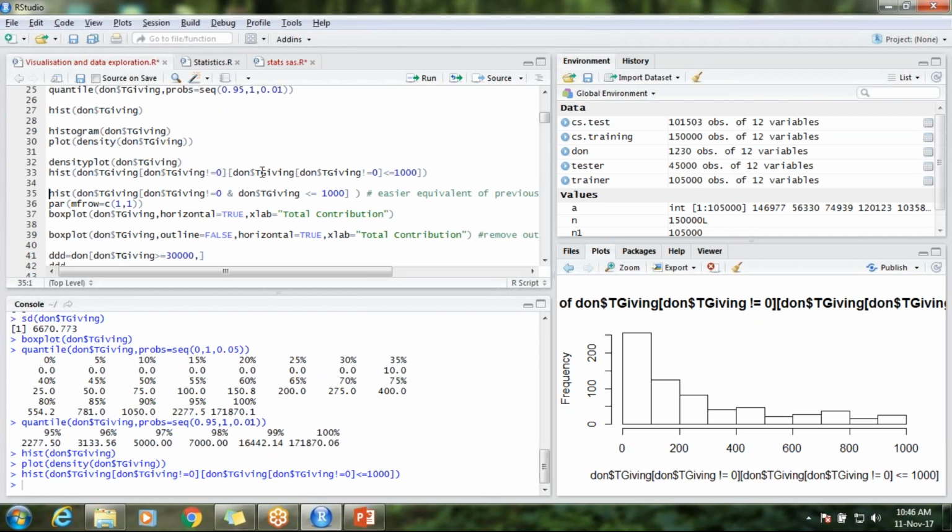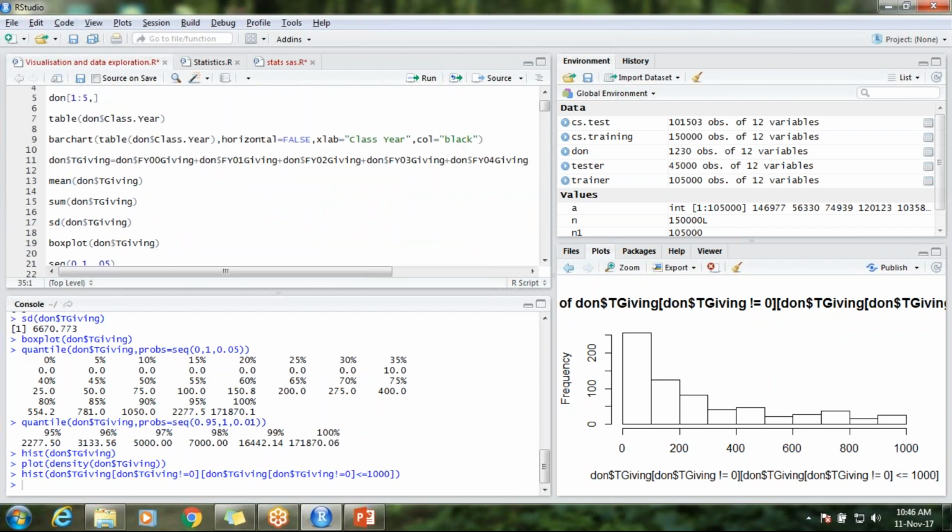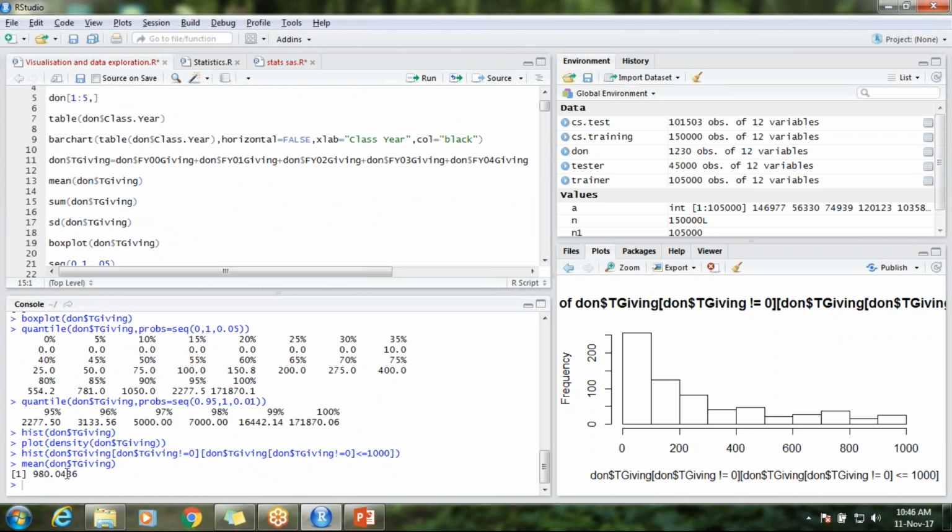So let's say this is my distribution. Let's see what the mean is. The mean of my value is 980, and very few people have donated somewhere near 950.